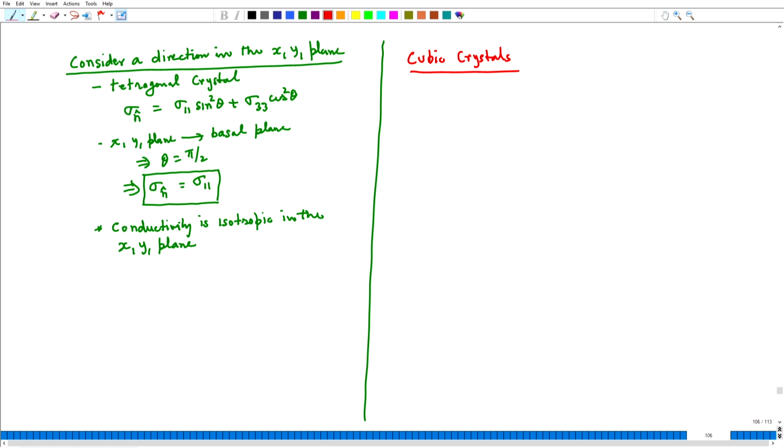In the case of cubic crystals, the conductivity tensor becomes, going back to the last lecture, sigma 1 1 on all three diagonal positions and 0 elsewhere. So, the conductivity in the direction of the unit vector n is sigma 1 1 sine square theta plus sigma 3 3 cos square theta.